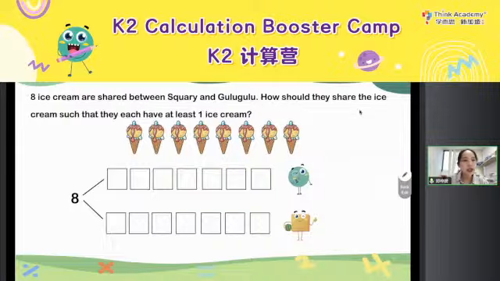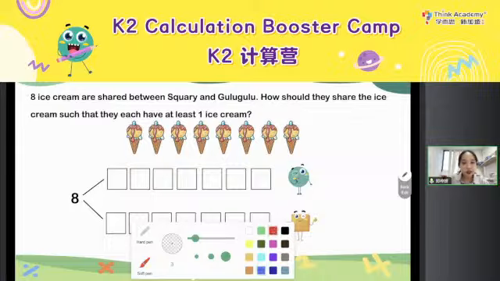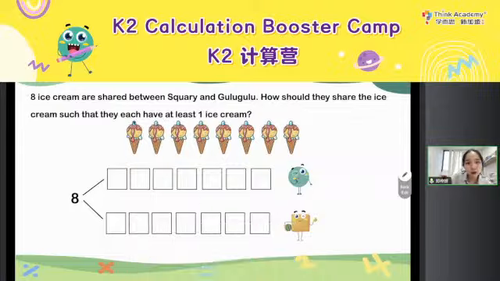How should they share the ice cream such that they each have at least 1 ice cream? So still, what is the keyword in here? Oh, they must have 1 ice cream in hand, right? So can one of them have 0 ice cream and another one take all the 8 ice creams? No, we can't do that, right?